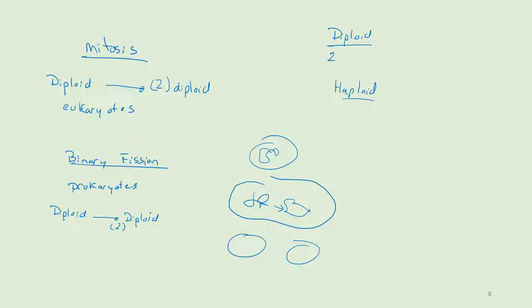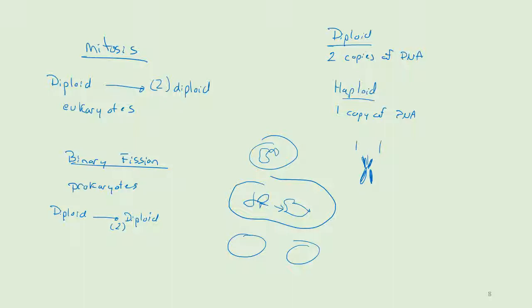Diploid means you have two copies of basically your DNA, your genetic info. Haploid only has one copy of your DNA. That's the difference. So when we talk about a chromosome, that's one and that's one.